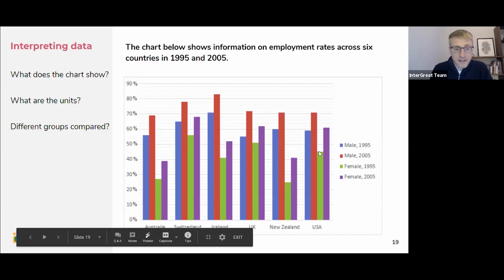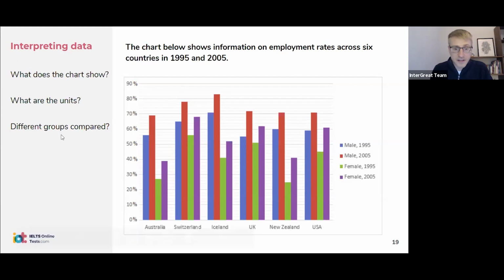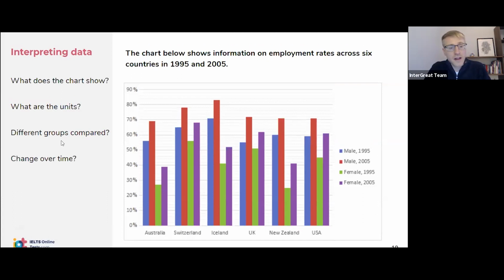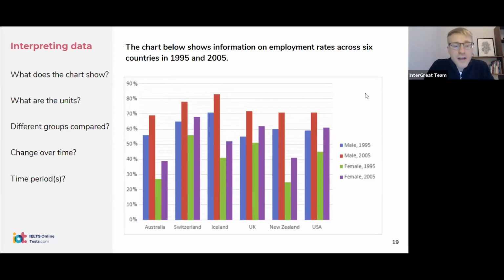We've also got different times, right? So what are the time periods that are being talked about here? Asim, you've said different years. Adiola, 1995 and 2005, exactly. So we're looking at a change over time as well. So there's a lot of information here. And thinking about the time period, what tenses are we going to use to describe this graph?